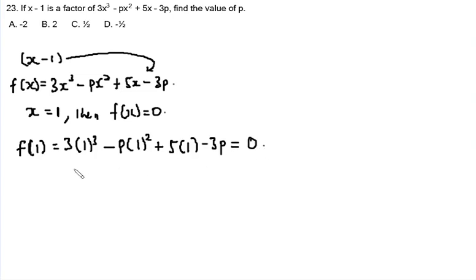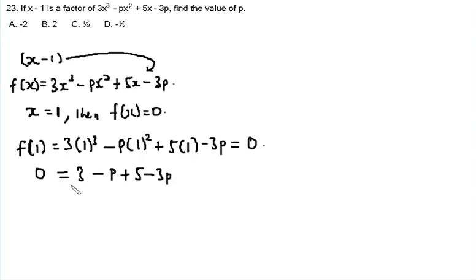Okay, so from here we have 3 times 1 cube is 3 minus p times 1 square is p plus 5 times 1 is 5 minus 3p, and then all of this is equal to 0.